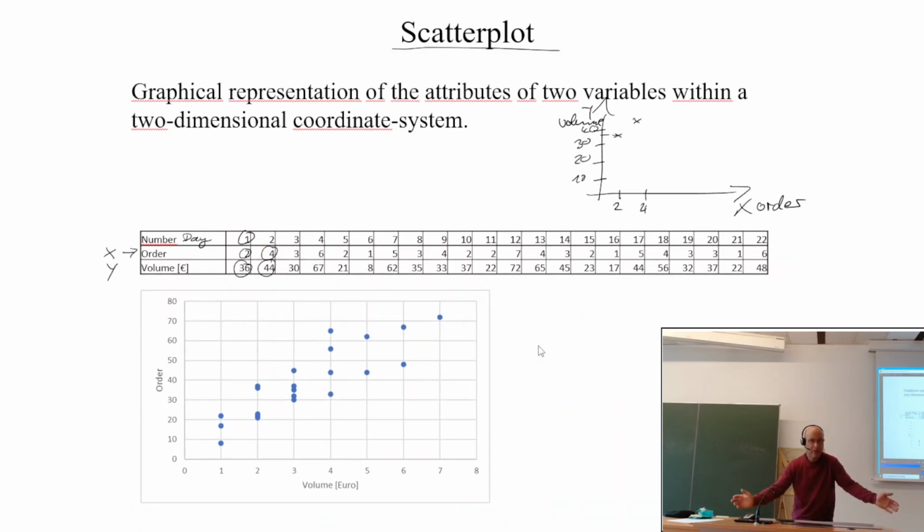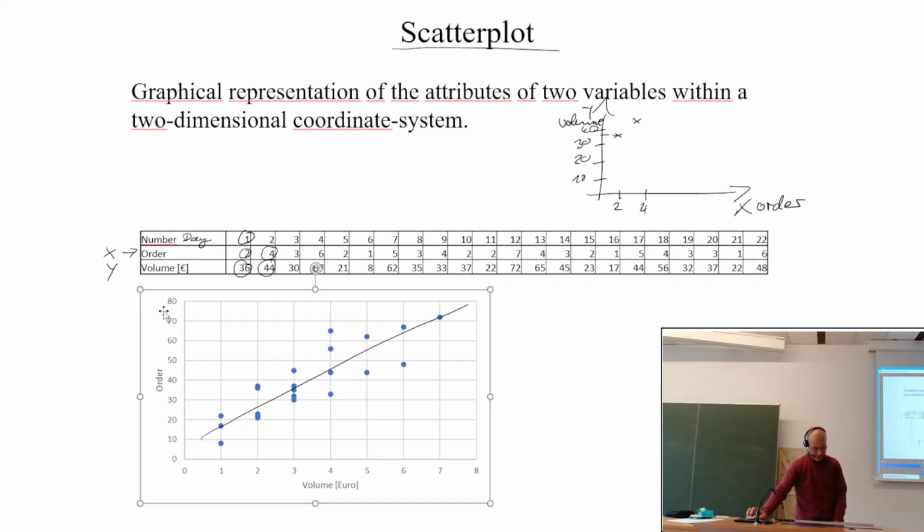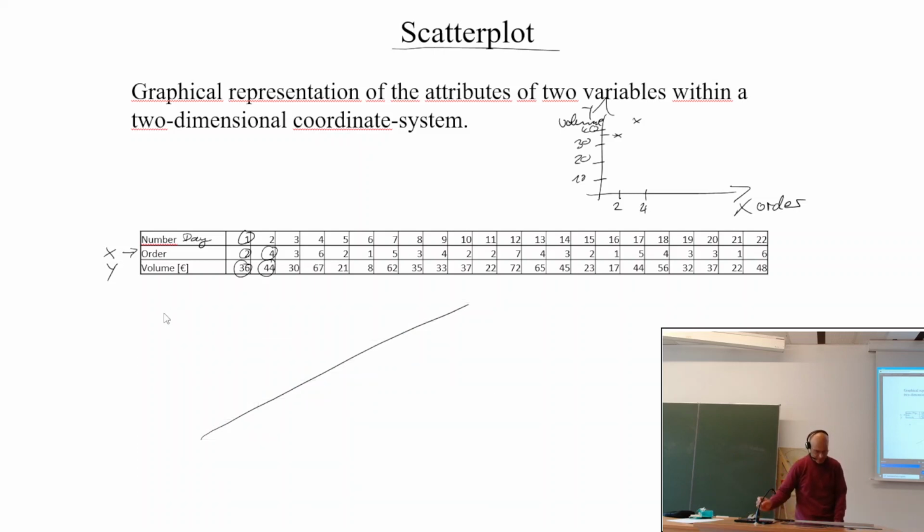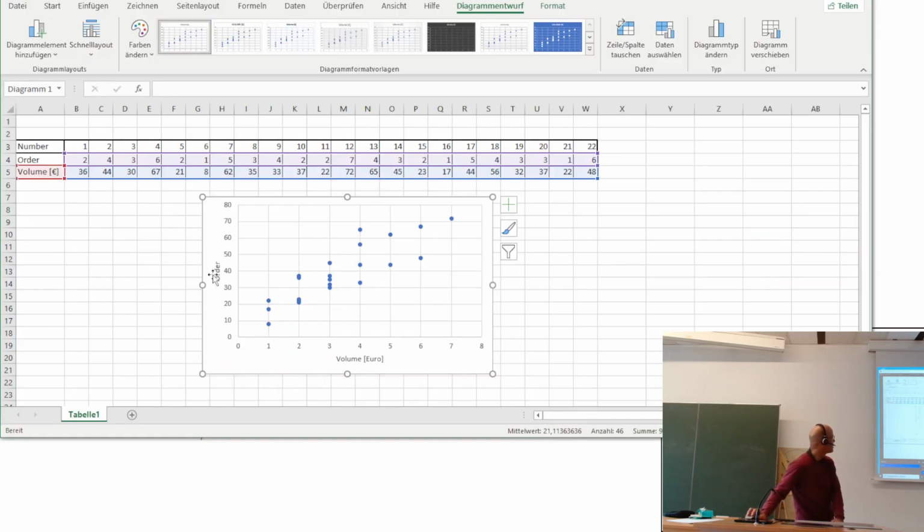If we look at this data set, of course we would assume that maybe here is a positive dependence between, oh no, I changed this. This is directly wrong, what I did. So this has to be the other way around.